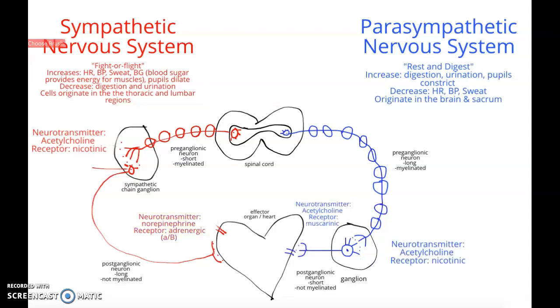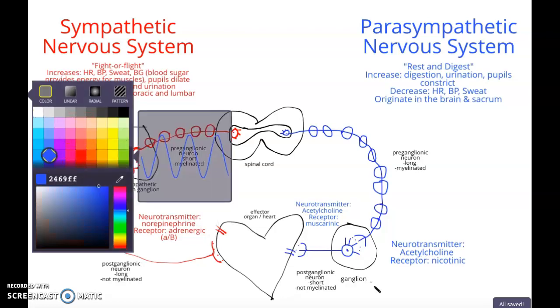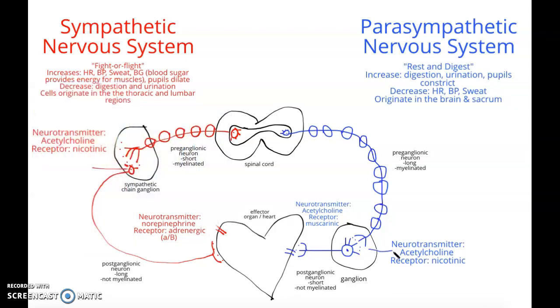So you can see I added some labels here to show the neurotransmitter being used here in the ganglion is acetylcholine, and then the receptor on the cell body is nicotinic. And then over here, the neurotransmitter being released is acetylcholine, and it binds to a muscarinic receptor.